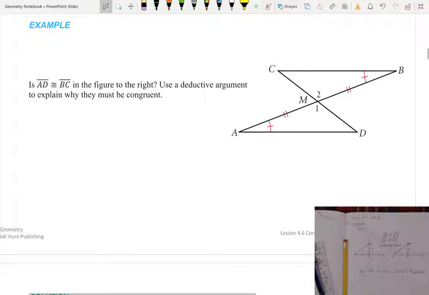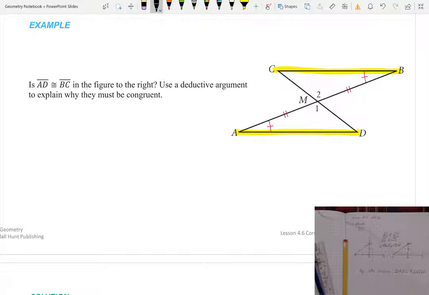Okay, starting here. Is AD congruent to BC? So is this congruent to this? That's the question. Use a deductive argument to explain why they must be congruent.